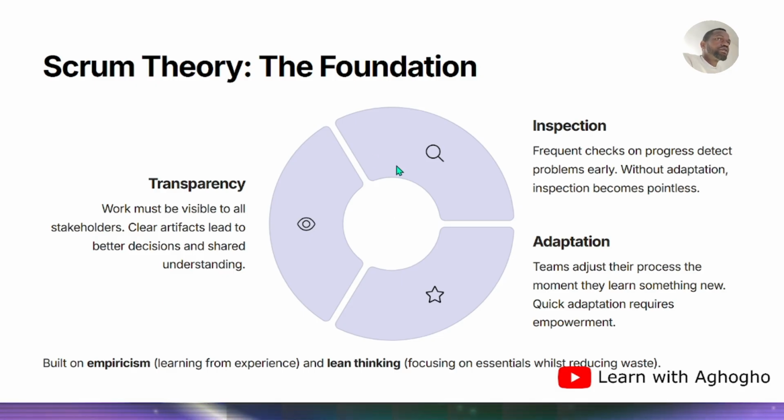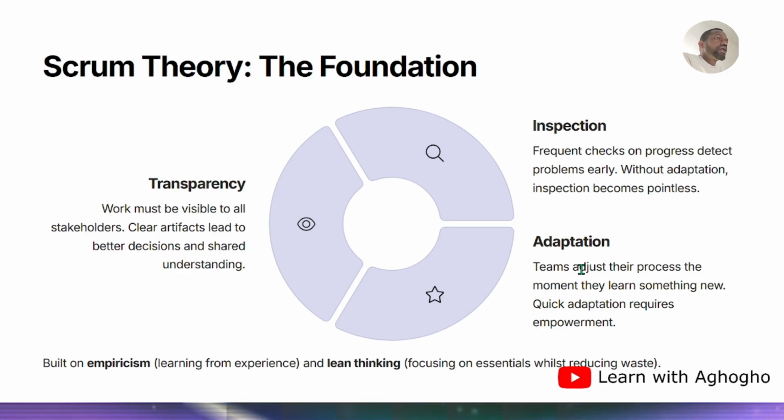On transparency, work must be visible to all stakeholders. Clear artifacts lead to better decisions and shared understanding. In terms of inspection, frequent checks on progress detect problems early. Without adaptation, inspection becomes pointless.